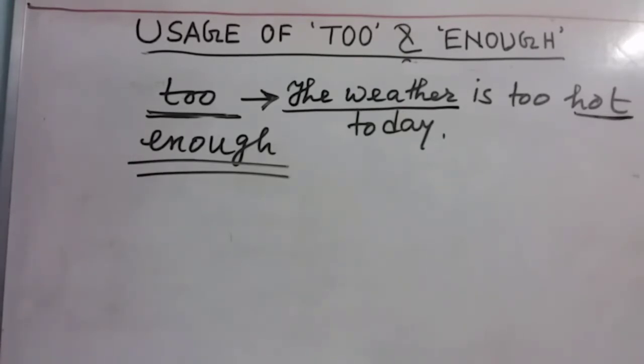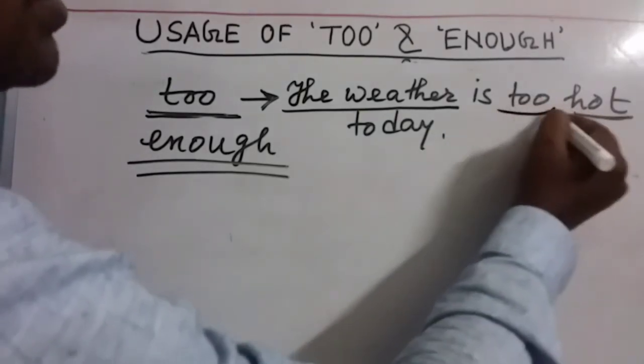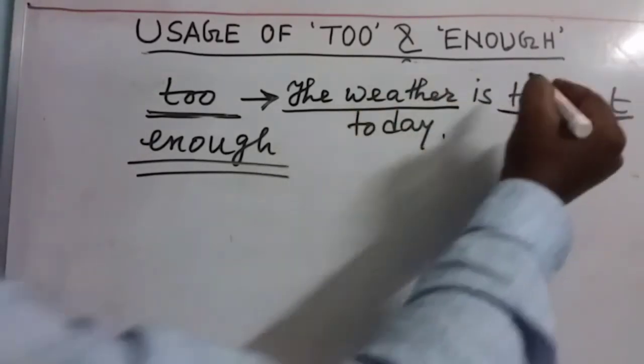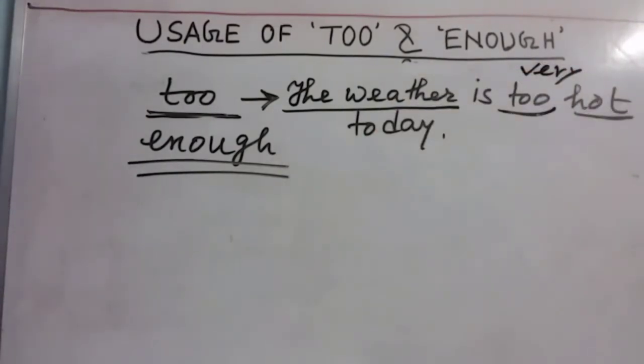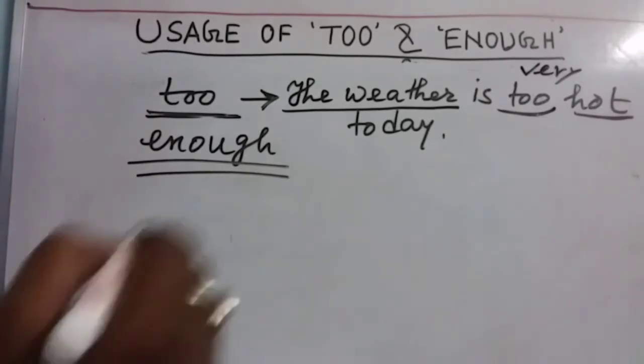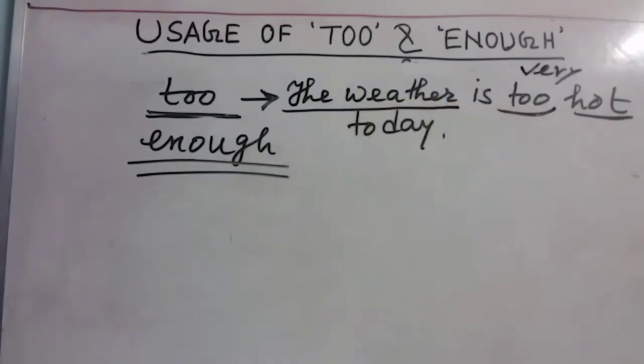It means we are unable to tolerate this weather condition. So for these types of sentences, you can use the term "too". It means very. That means the weather is very hot today, so we cannot tolerate this temperature.